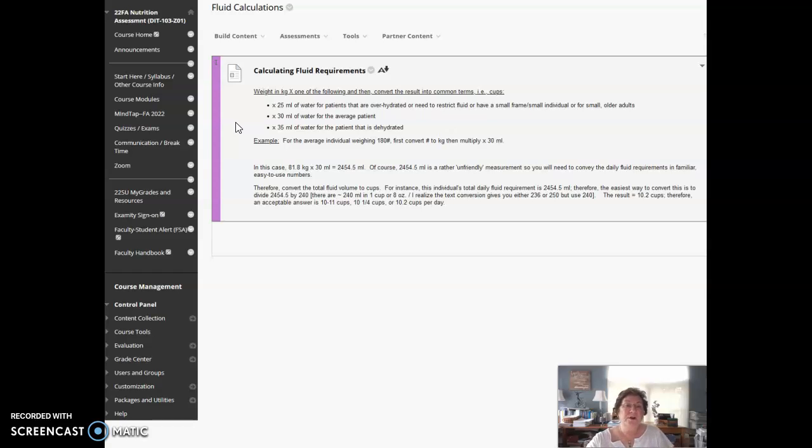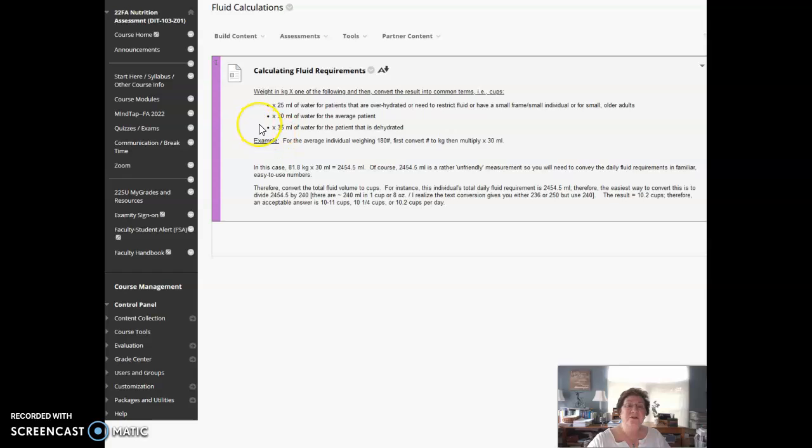Okay, so we convert their weight into kilograms, and then we multiply by 25 milliliters of water, or 30 or 35. Generally, I would stick with 30 if someone is real small or they're elderly, 25.